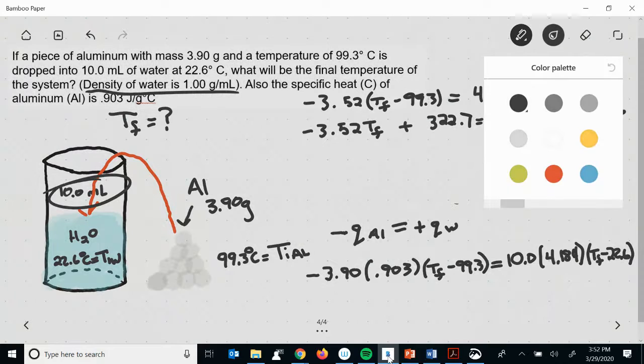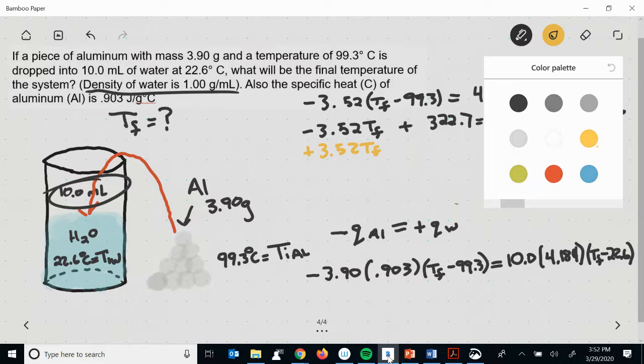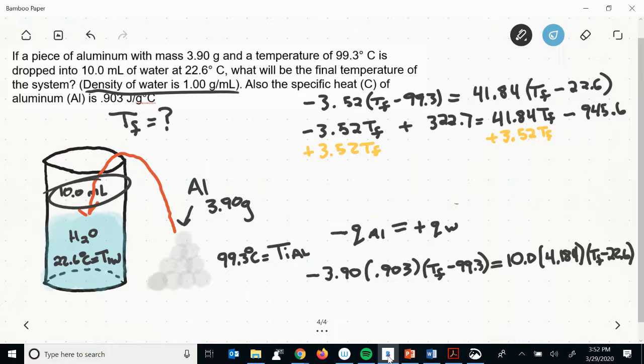Now I'm going to put like terms together. So I think the easiest way to do that is on this left-hand side, let's add 3.52 TF to both sides. So I'm adding it here as well. And then let's also, at the same time, add 945.6 to both sides.